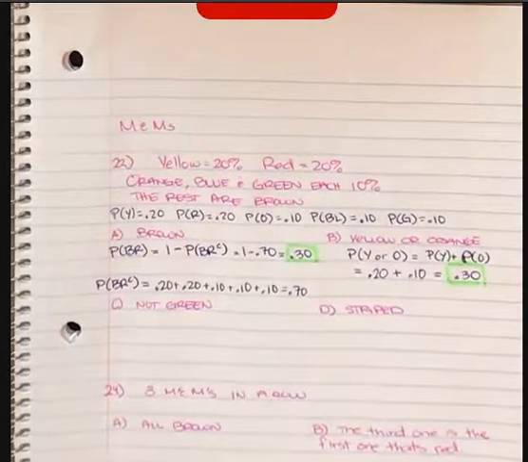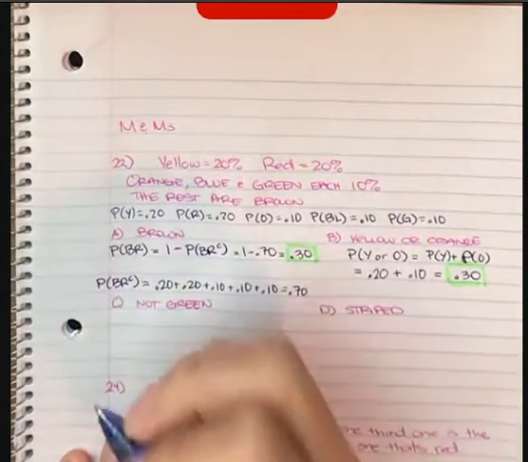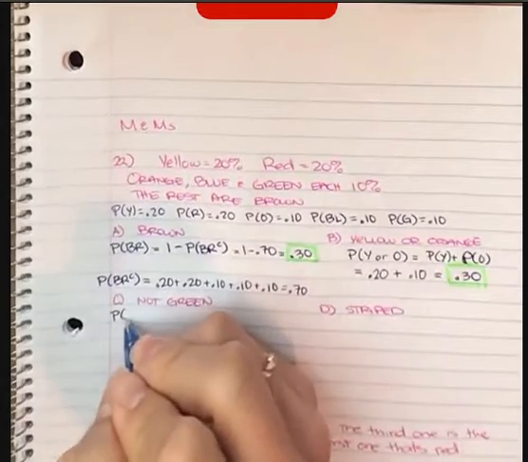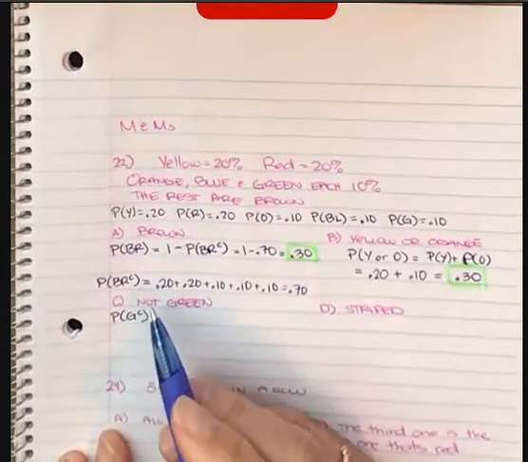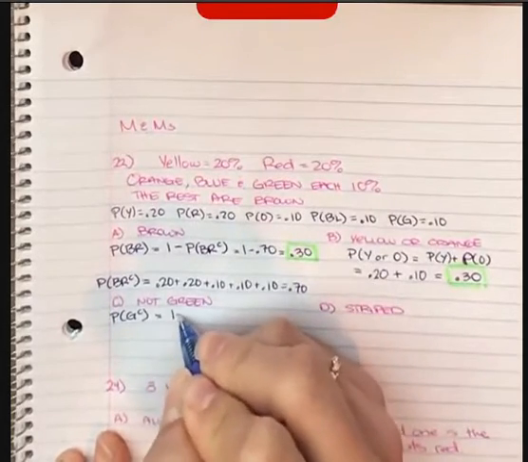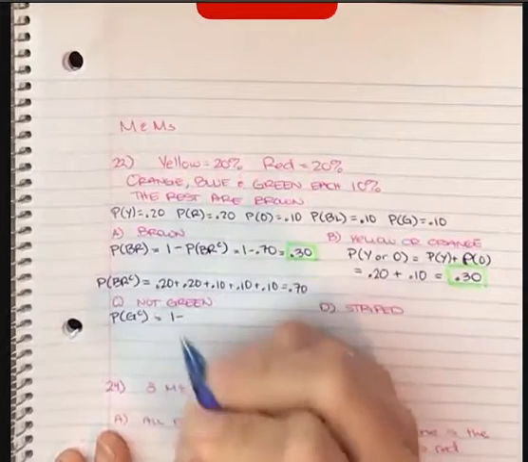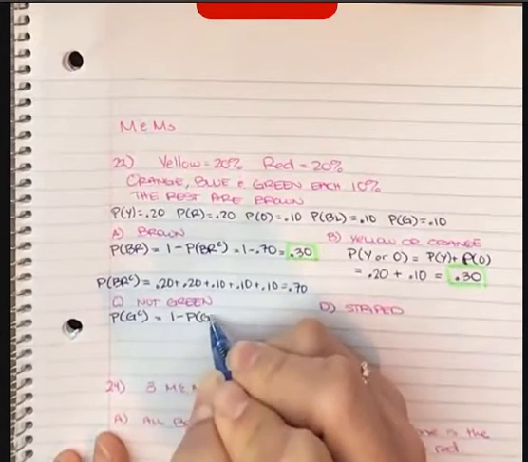Okay, let's look at the probability of it not being green, okay? We'll express it like this, probability of not green, with that little c meaning not. The probability of not green is 1 minus the probability of it being green, okay?